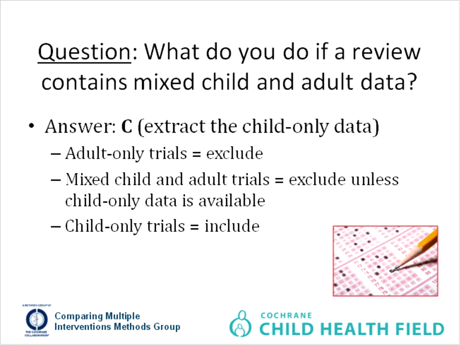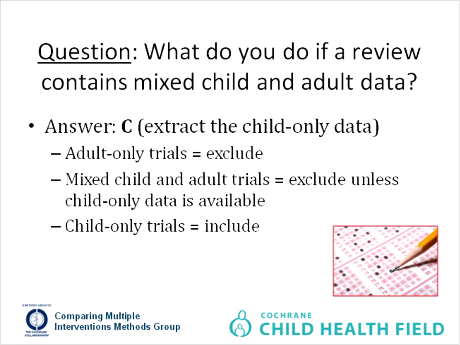So if there are trials that include adult data only, that's easy, you exclude those trials from your overview. And actually that's the same with trials that include mixed adult and child data, unless the review provides information about the child-only data separately. Unfortunately, we found that this is pretty rare, so we do end up excluding most mixed trials.